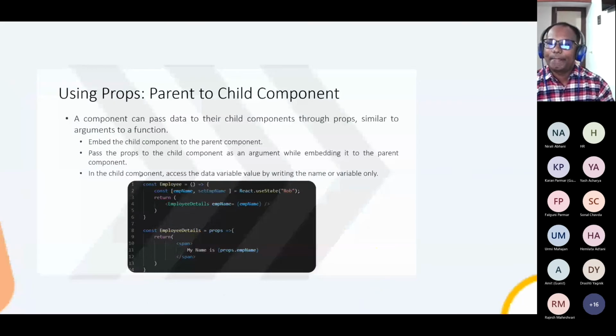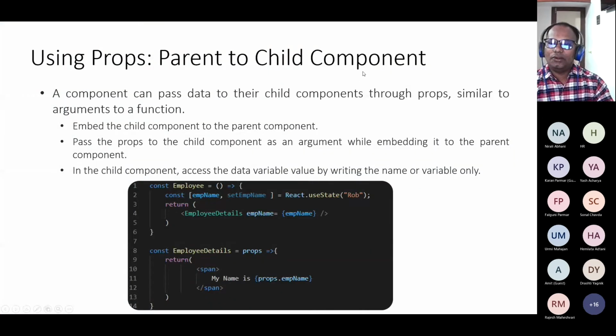Parent to child communication is very simple. One component has the ability to pass the data, and the other component has the ability to receive the data. For that reason, we are going to use the props property.